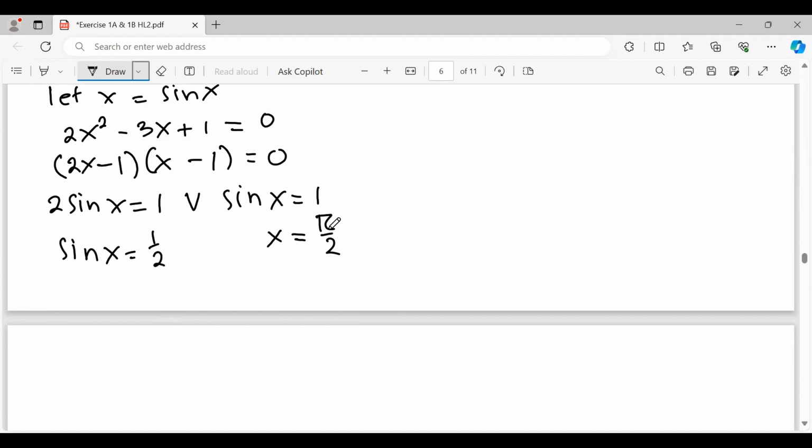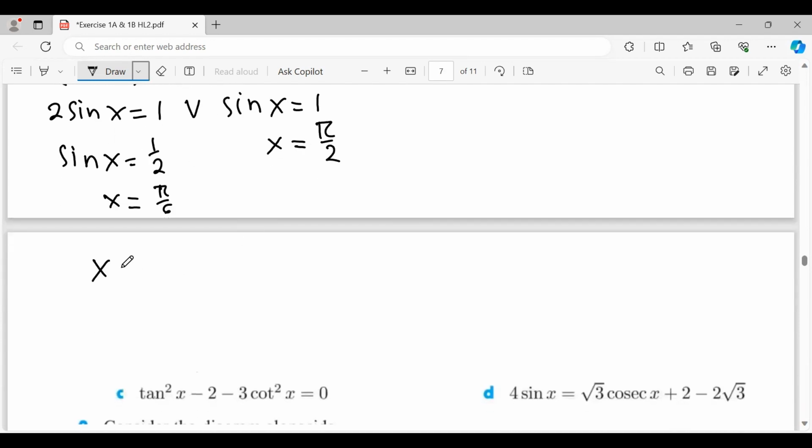If sine x equals 1 half, so x equals pi over 6, and x equals pi minus pi over 6, because sine is positive happening on this quadrant and this quadrant.